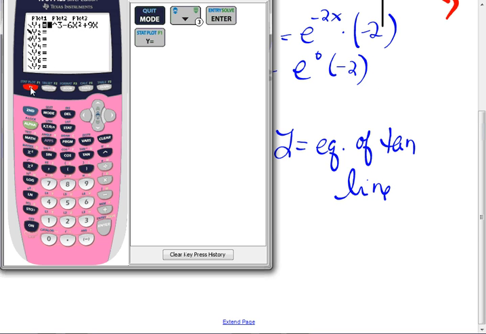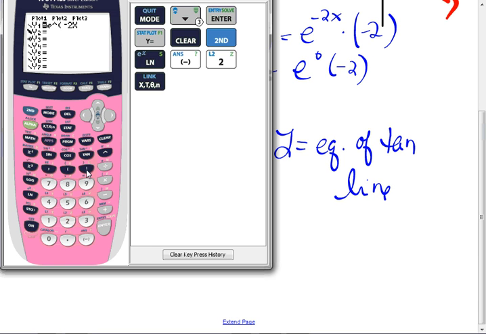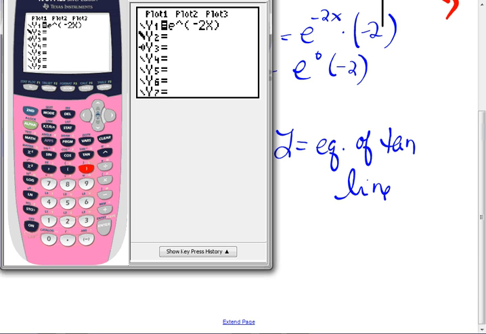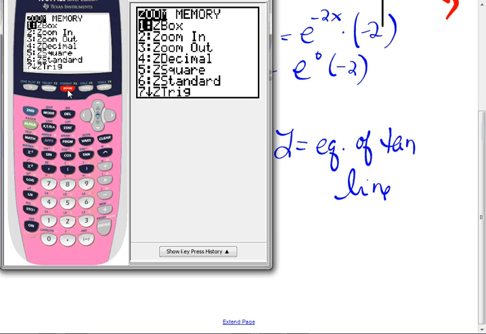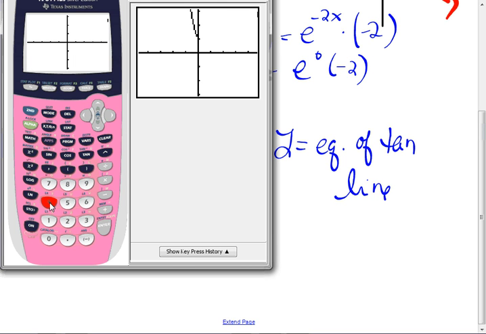So y equals, I'm going to clear that out, e to the negative 2x. Zoom 4. There it is. And we want the tangent line at 0.